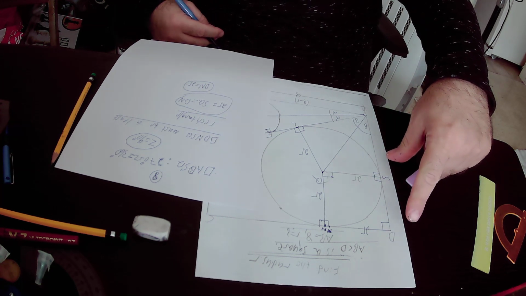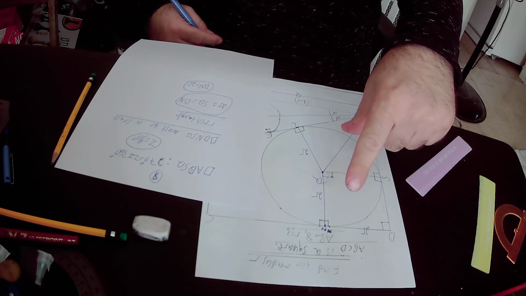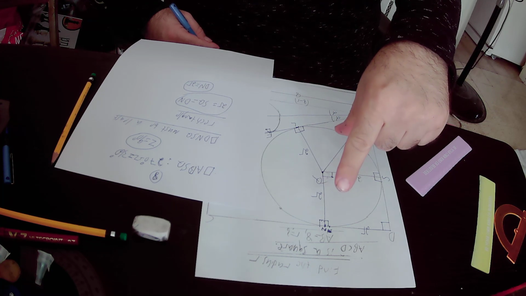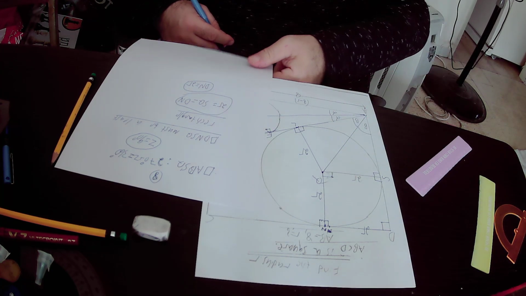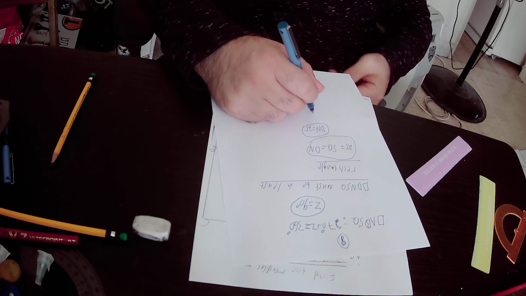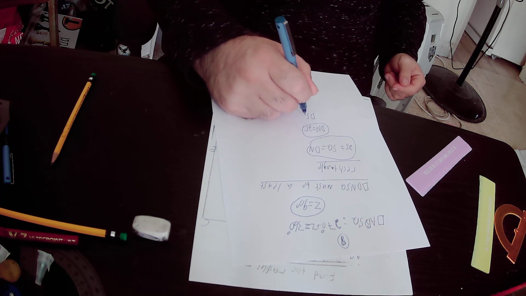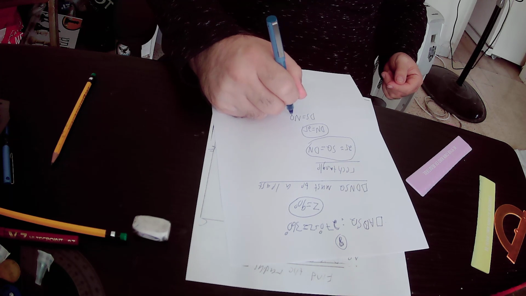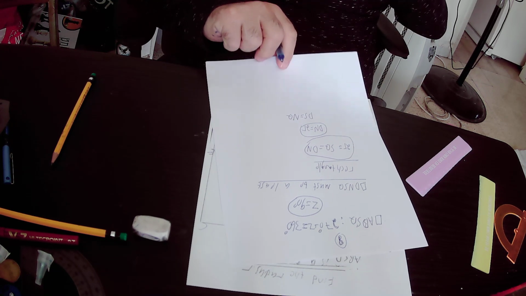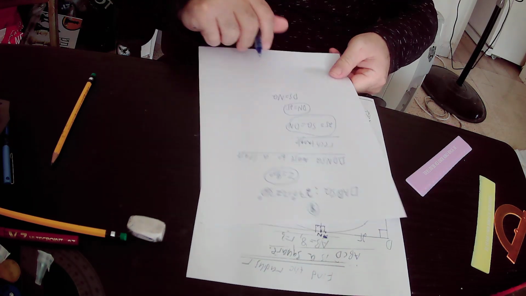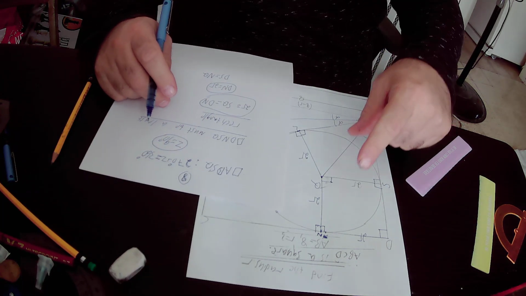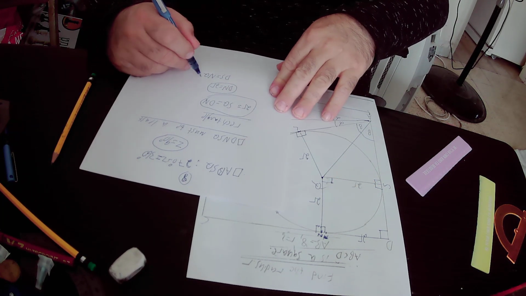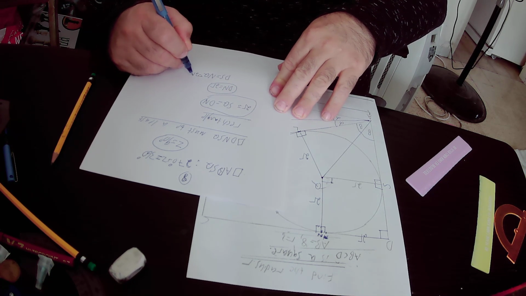And DS equals the opposite side of rectangle DNSQ, that is to say it equals NQ, according to the rule that the opposite sides of a rectangle are equal to each other. So DS equals NQ, but we know that NQ equals the radius of the big circle, that is to say it equals 2R.